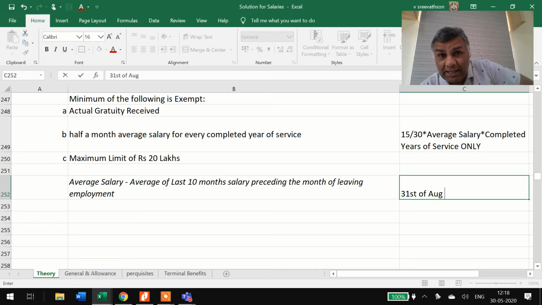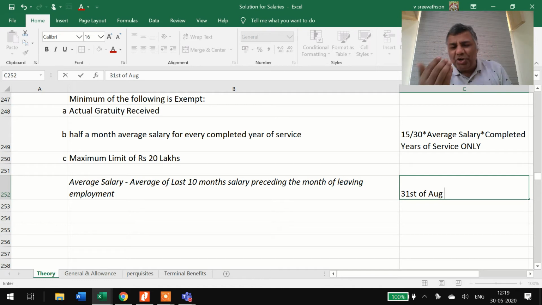If a person is leaving employment on 10th of August, from 11th August he will not attend office. Till 10th August, he will attend office. Similarly, if a person is leaving employment, resigning or retiring on 31st of August, till 31st of August evening he will be in employment. Only from 1st September, he will not be in employment. So what I have to leave is only September. So I will take August also. That is the logic.